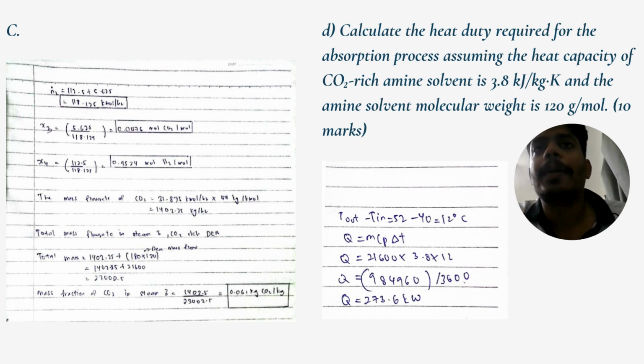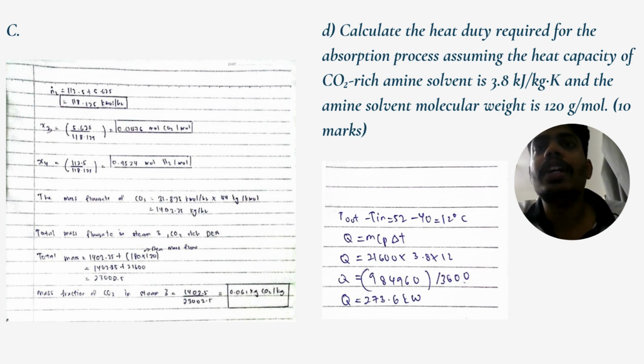1407.25 kg per hour with the DEA mass flow rate, which is 180, the molar flow rate of DEA in stream 3, multiplied by 120, which is the molar mass of DEA, and we got 21,600.